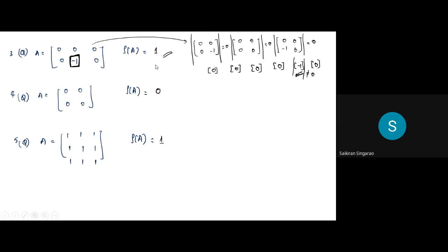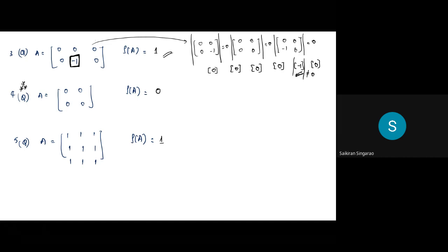What is the meaning of rank? Whatever rank you are stating, say I'm saying 1 is the rank. If I'm saying 1 is the rank, at least one 1 cross 1 determinant should not be equal to 0, and all 2 cross 2, 3 cross 3, 4 cross 4, whatever is possible, should be equal to 0. Here also, this is a special matrix, sir.